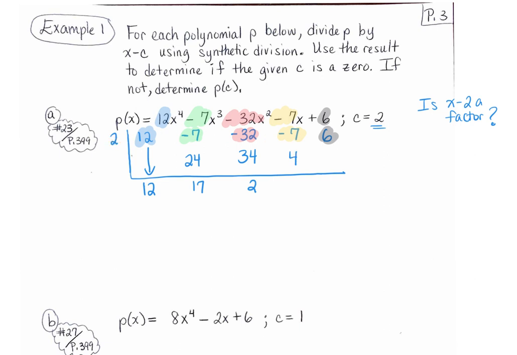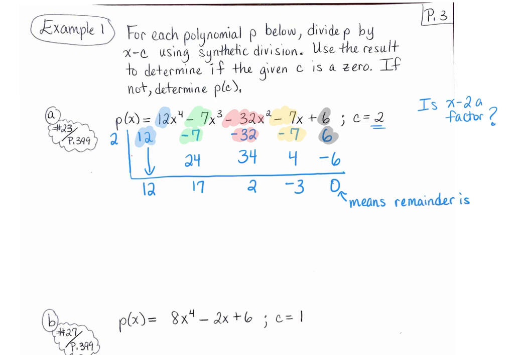Now we add again. Get negative 3. Negative 3 times 2 is negative 6. And then we add 6 minus 6. That's 0.